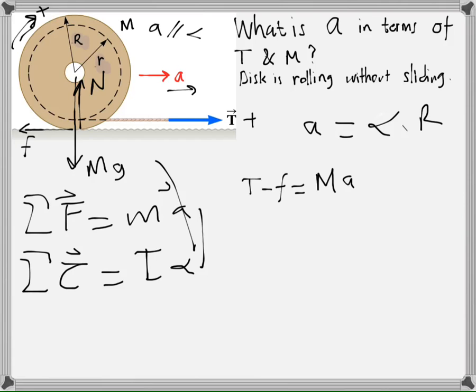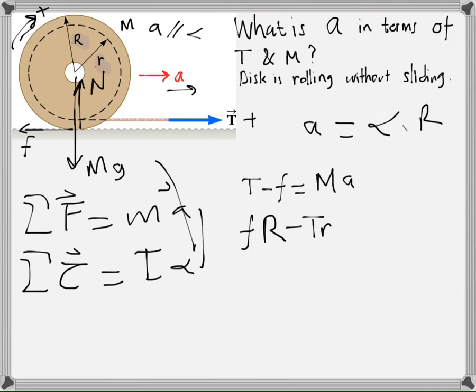It is plus because F will rotate the spool in the clockwise direction, and I take clockwise direction as positive. What about T? T will try to rotate in the counterclockwise direction. Then the net torque is F times R minus T times small r, because the distance to the rotational axis for T is small r.